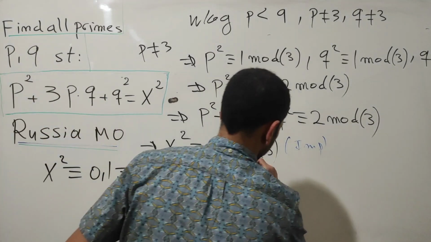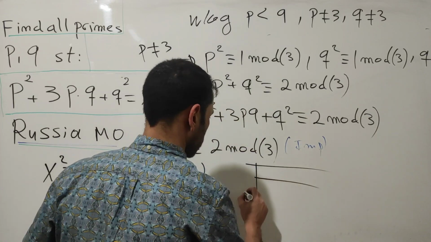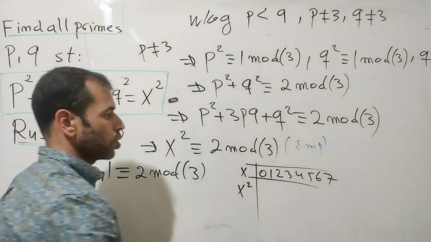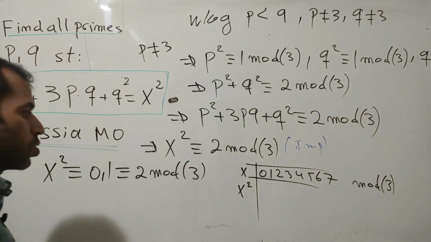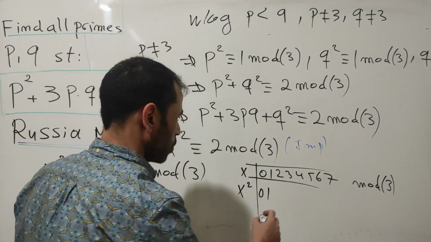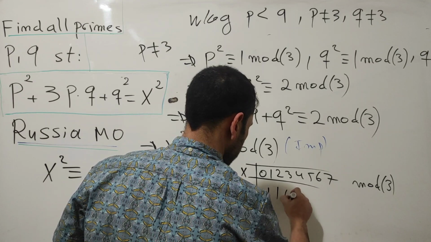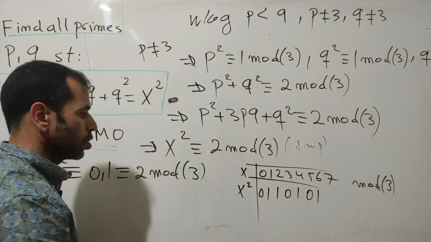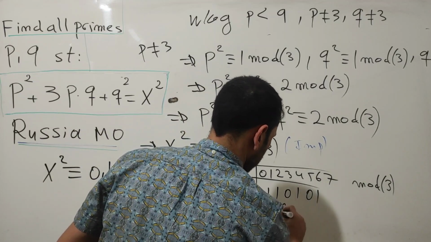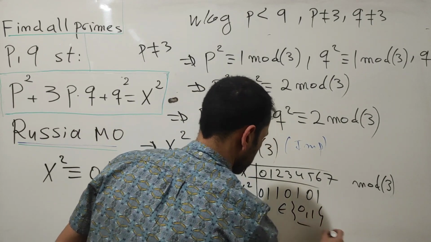It's impossible, because if I use the quick chart here and reduce it to mod 3, we get the following remainders: 0, 4 which is 1, 0, 1, 0, 1. So this belongs to 0, 1 only.